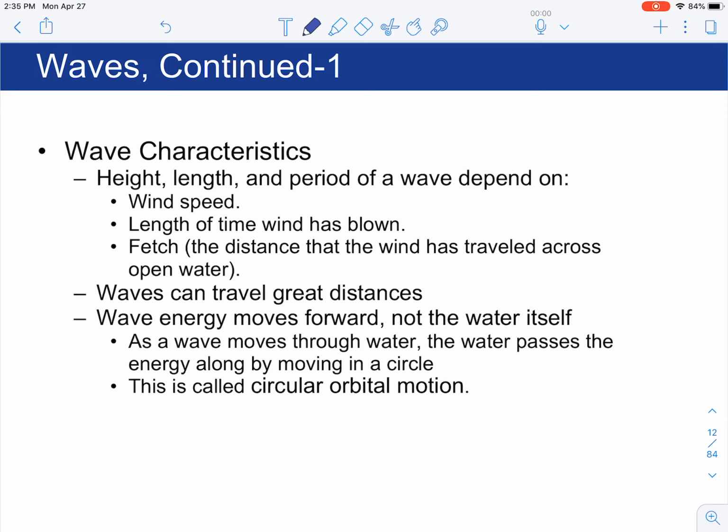Waves can travel huge distances, and as wave energy moves forward, the energy is moving, the water itself is not. So this is kind of a misconception. Again, it's energy transfer, not transfer of mass in the form of huge volumes of water approaching the shorelines.